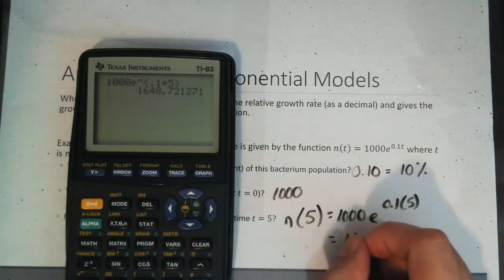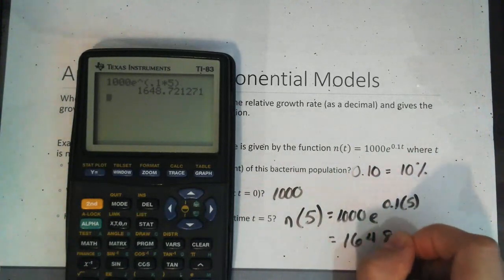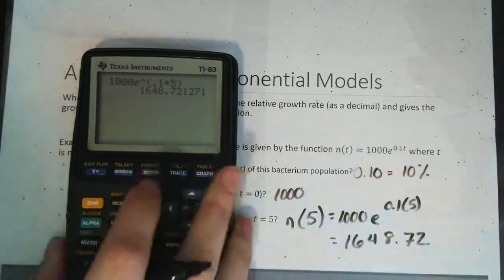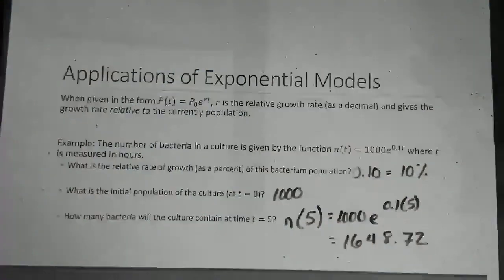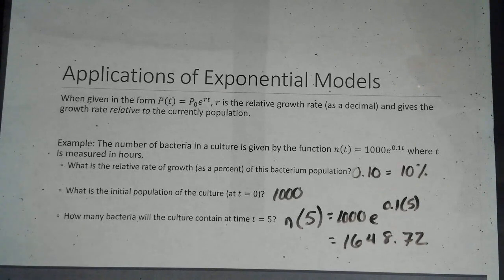I'm getting about 1,648.72. That's all we got. So when it comes to these application problems, take your time, read the question, figure out what it's asking, figure out what it wants, work through it slowly, and ask questions if you have them.